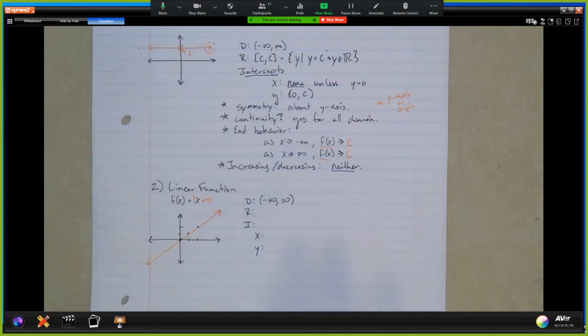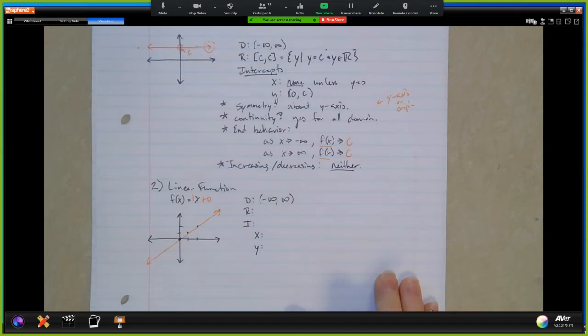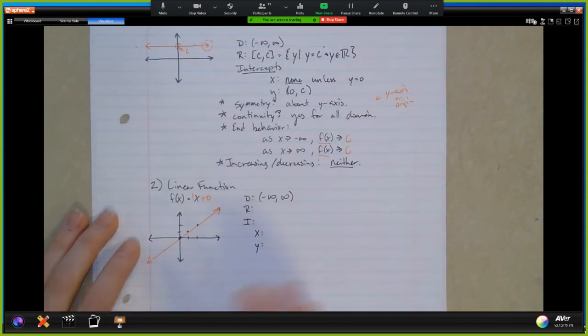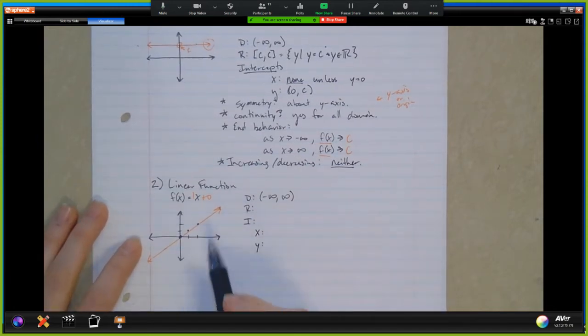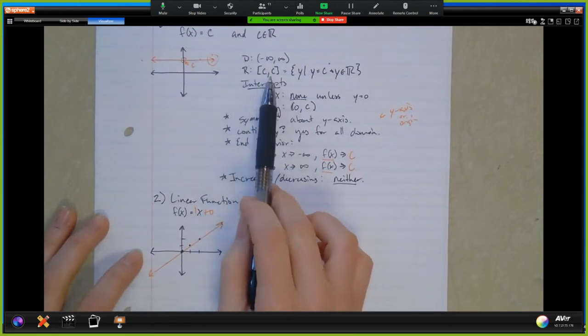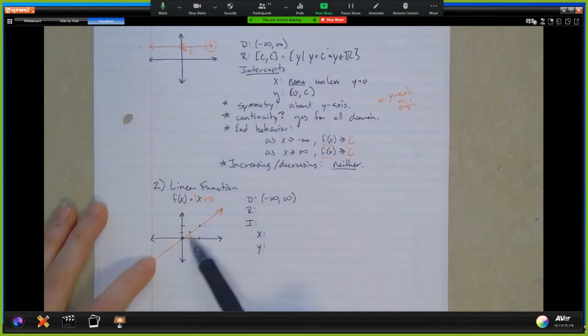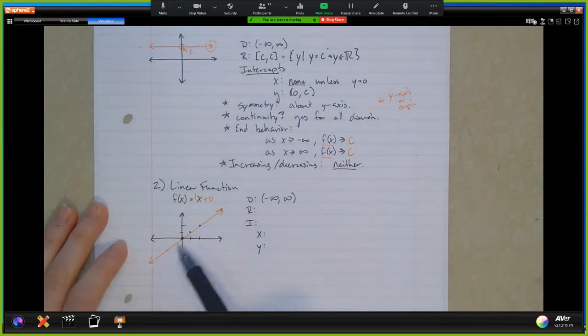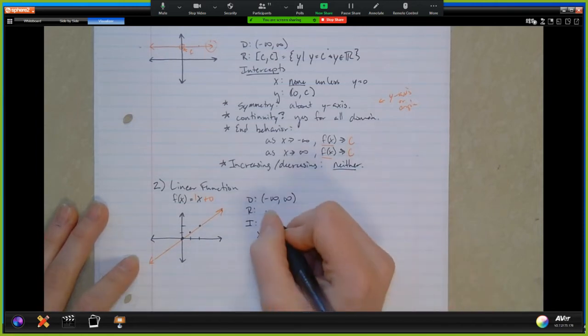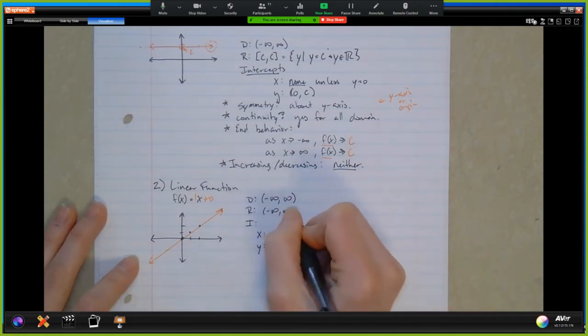That's going to be a lot of our starting functions, but we're going to get some cases, and we saw those in sections 1 and 2, where that's not always the case. So negative infinity to infinity. Our range last time was just the value c, right? But now our diagonal is going down and up. So our y values are also, would you feel comfortable with negative infinity to infinity?